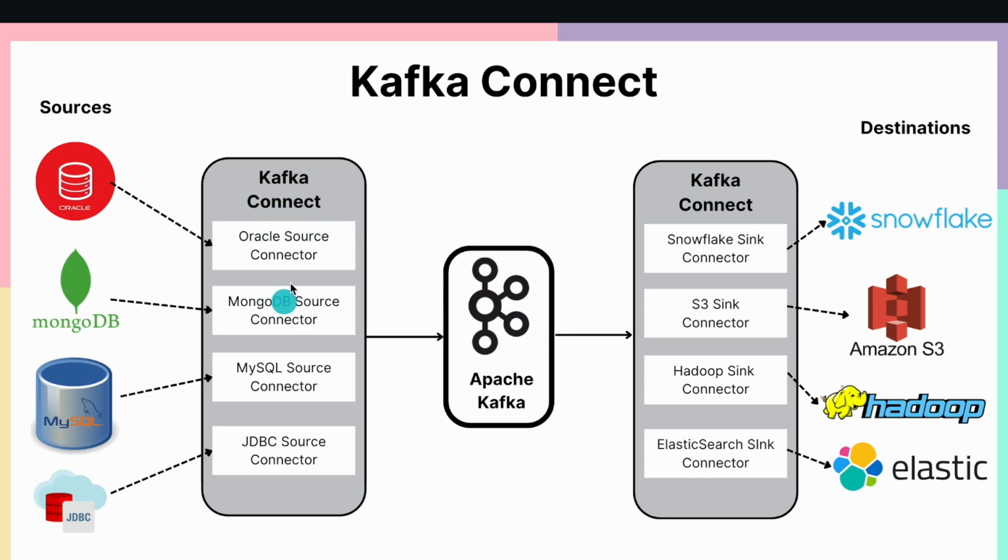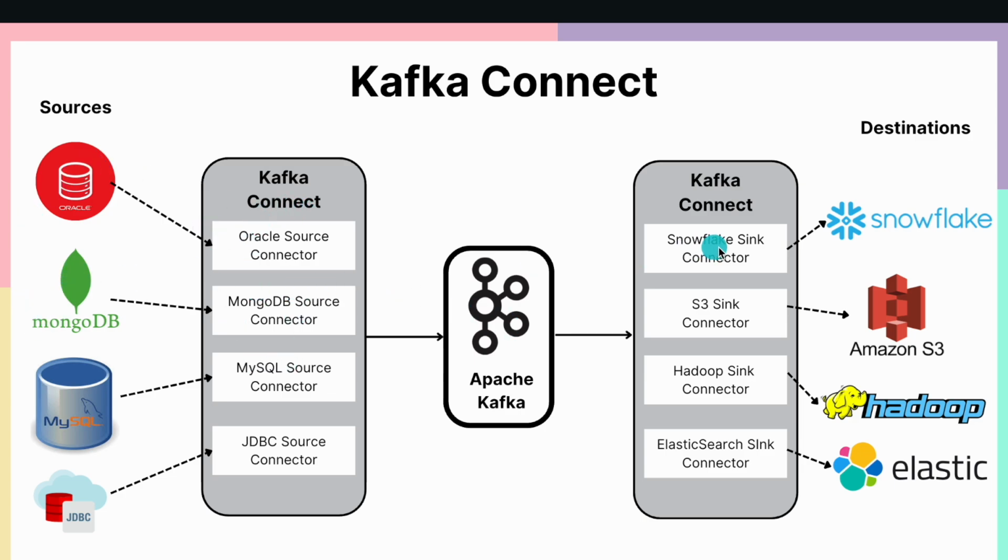These are called source connectors, and you have various source connectors available out there. You have a MongoDB source connector. If your source is MySQL, you have a MySQL source connector, and so on and so forth. So you can use these connectors and run them on Kafka Connect and integrate your external systems to Kafka.